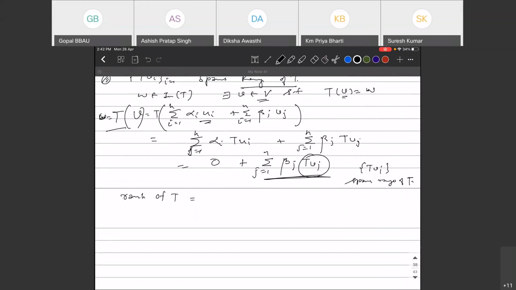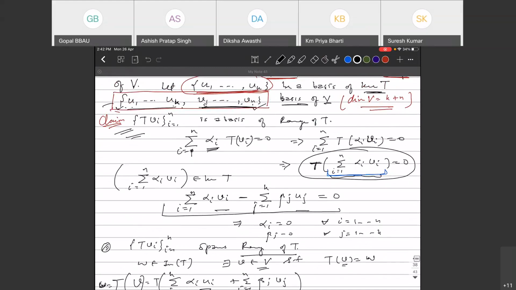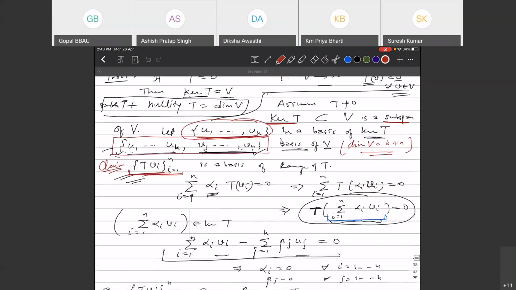Okay. So what is the rank of T now? This is the dimension of the range of T, which is the number of vectors in the basis. So how many vectors are in this basis? N vectors.